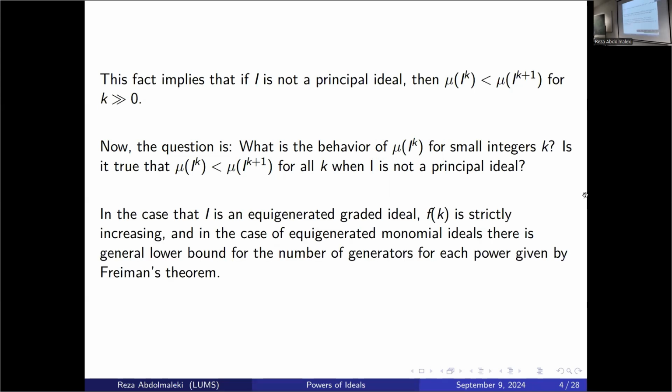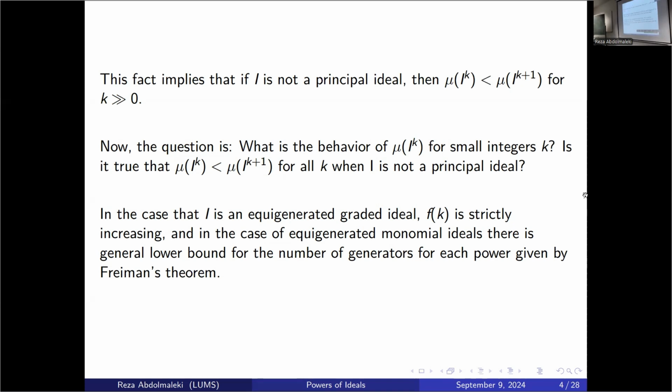In the case that I is an equigenerated graded ideal, by equigenerated we mean an ideal generated in a single degree, all the generators have the same degree.